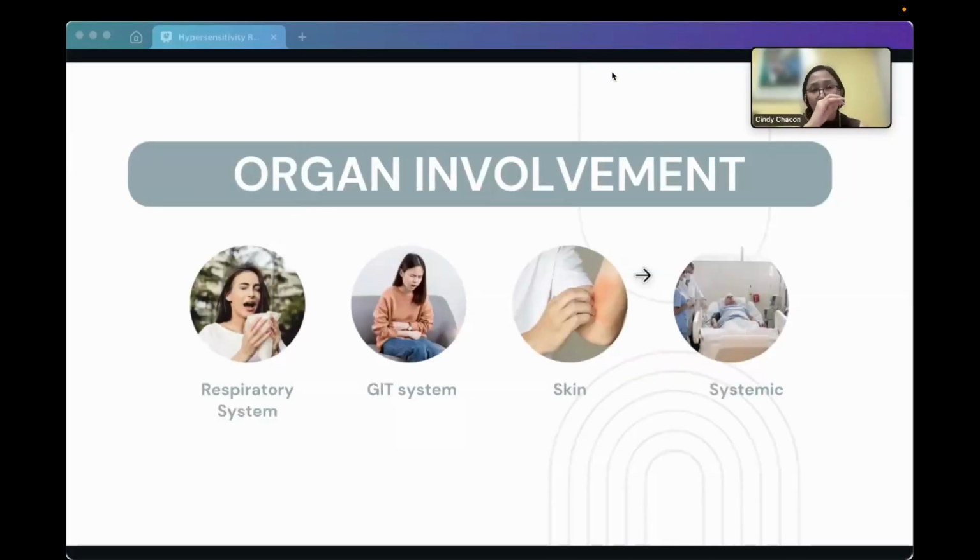The target organs that are most commonly involved in type 1 injury include your respiratory system, the GIT, the skin, and may even be systemic in presentation. Manifestations may vary from skin rashes to sinus congestion, rhinorrhea, nasal itching, bronchial constriction as in asthma, abdominal pains, diarrhea, and systemic shock as in anaphylaxis.